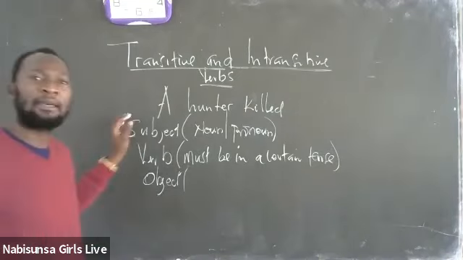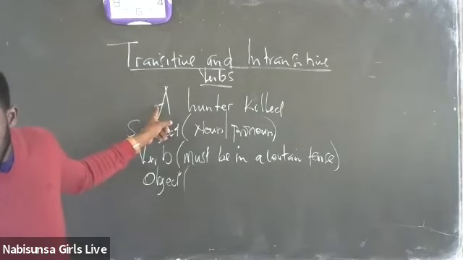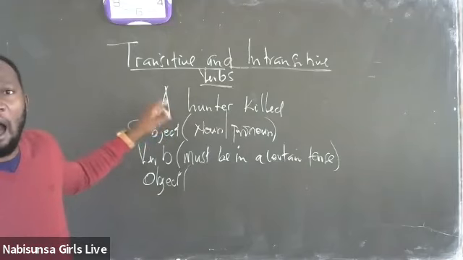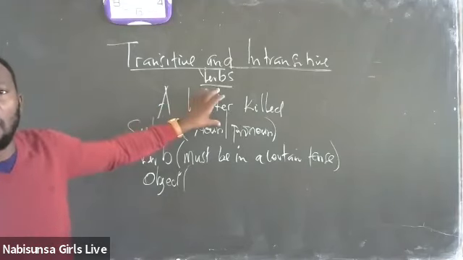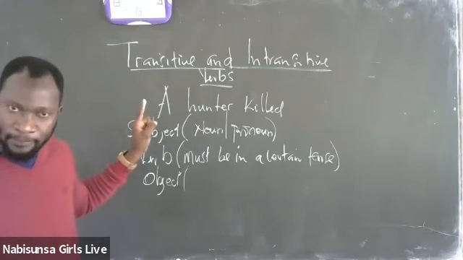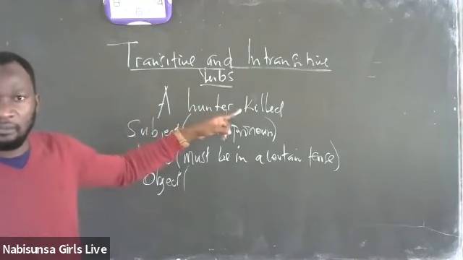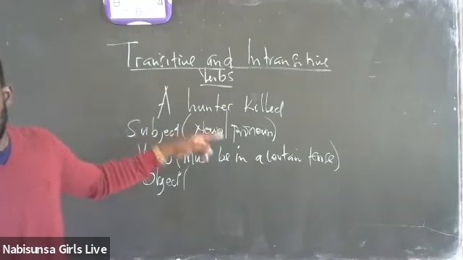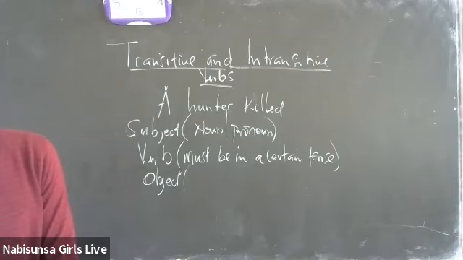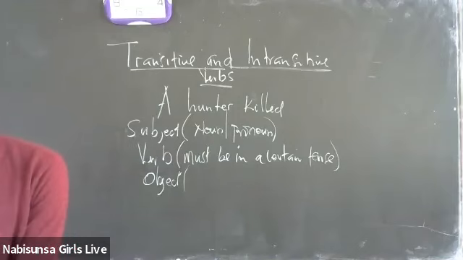Now, the above sentence has the subject, a hunter, meaning one hunter. It has the verb killed. But this sentence is left hanging. Why?